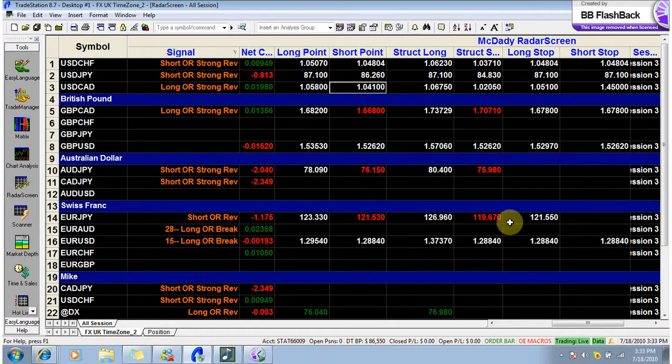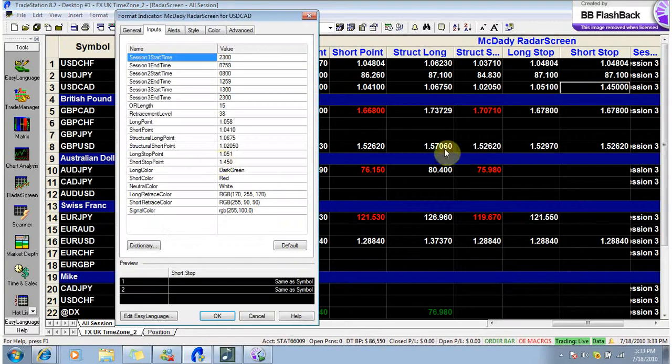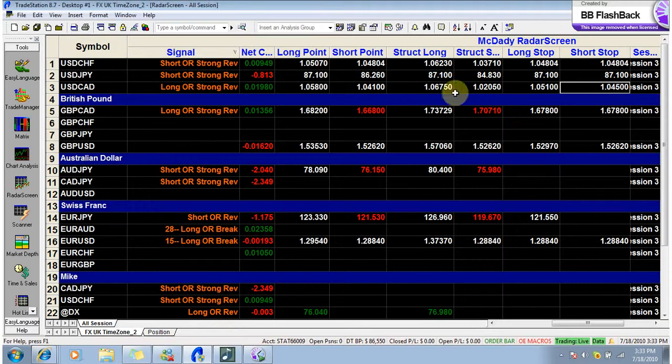If I go short below that, I'm going to use a 40 pip stop, at 104.50. My structural long is the 106.75, and this is a powerful point, and my structural short is the 102.50.